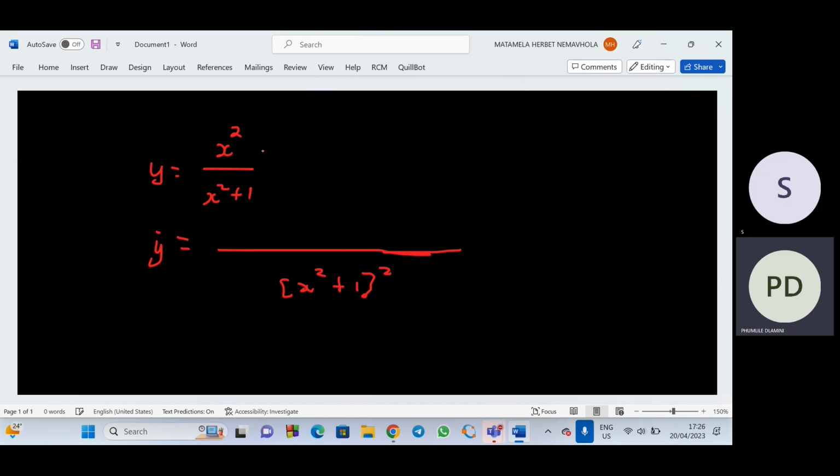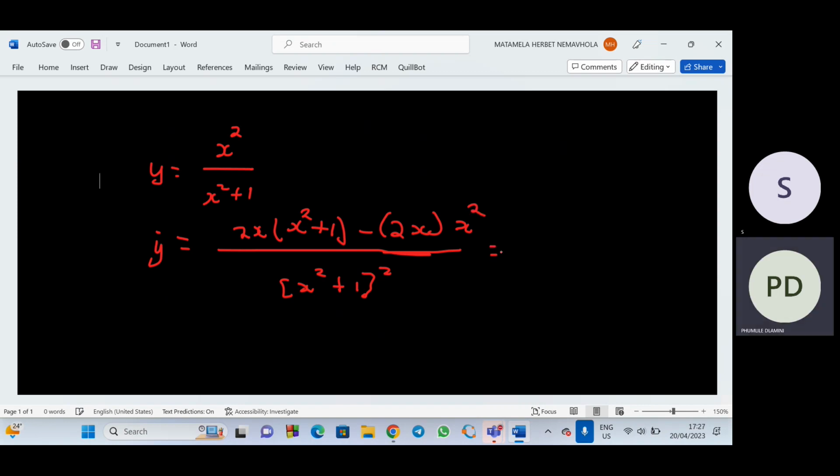Then I differentiate x squared, which gives 2x, and multiply it with x squared plus 1. Then minus, I differentiate x squared plus 1, which gives 2x, and the 1 is just 0. We leave the denominator as it is. Then I multiply it with x squared.